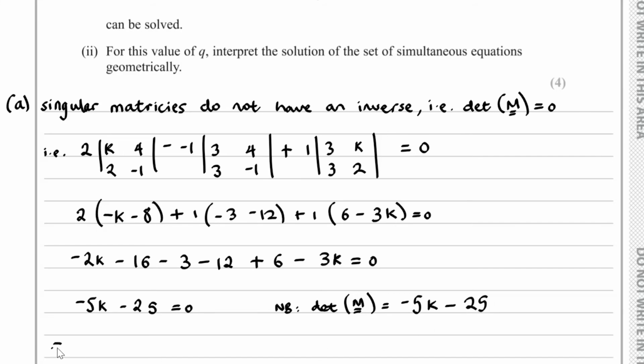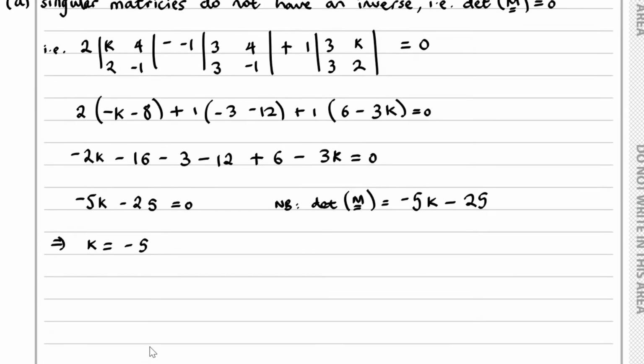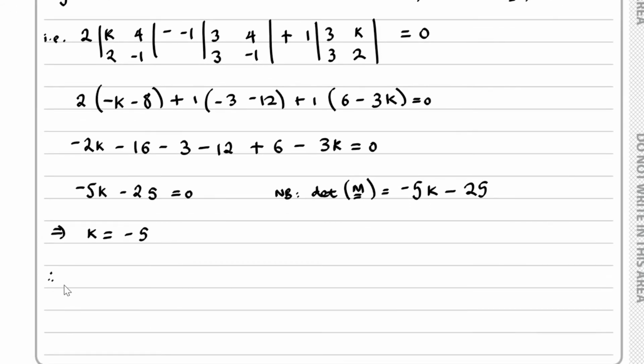So it follows that k is equal to minus 5, and therefore we can conclude that the matrix M has an inverse when k doesn't equal minus 5. So it doesn't have an inverse when k equals minus 5, and it has an inverse when k doesn't equal minus 5.